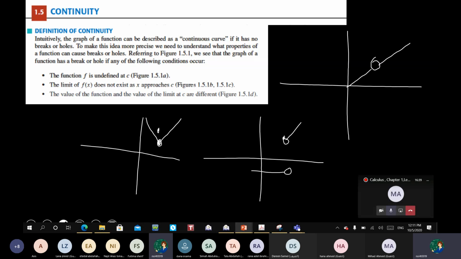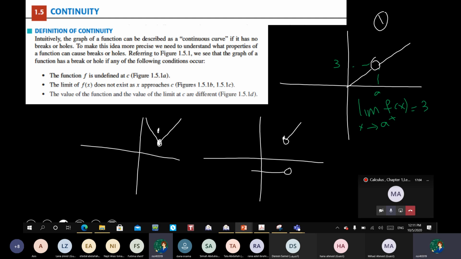Look at the first one here, number 1. Can you tell me what is the limit when x approaches, here we name it a, limit f of x when x approaches a from the right? It's 3.